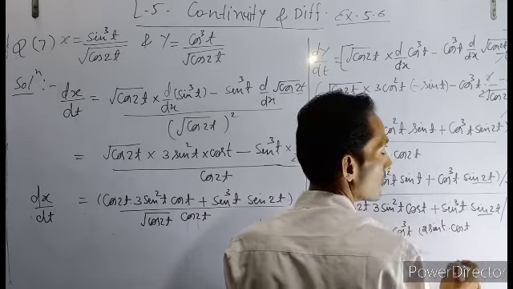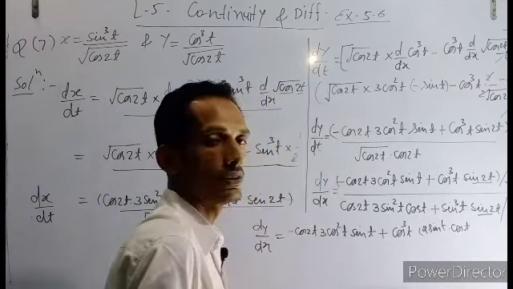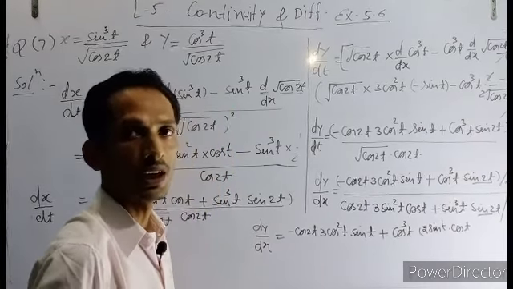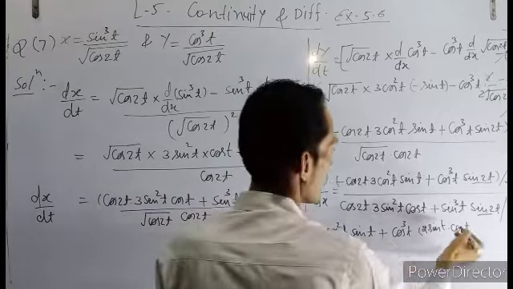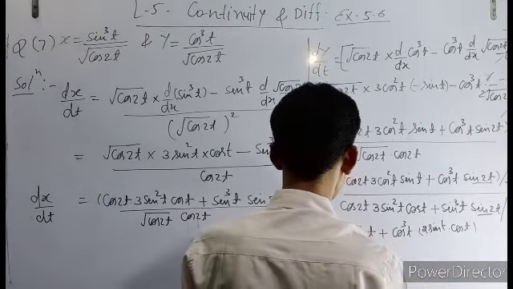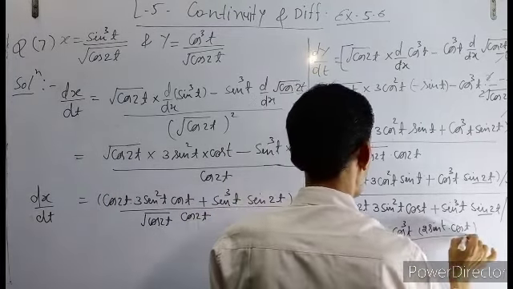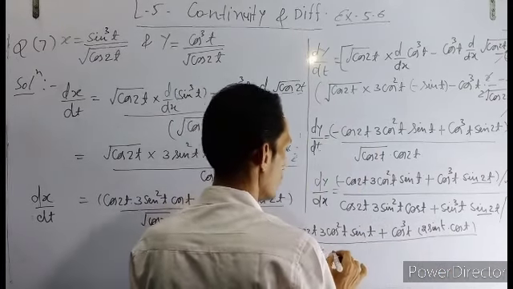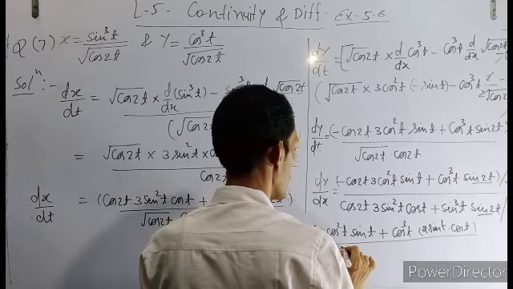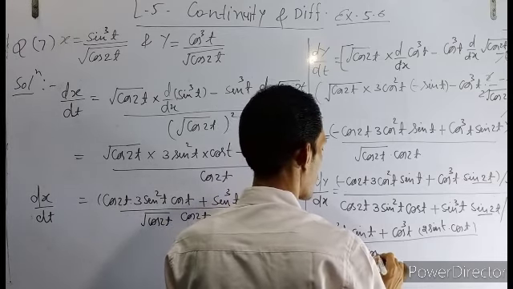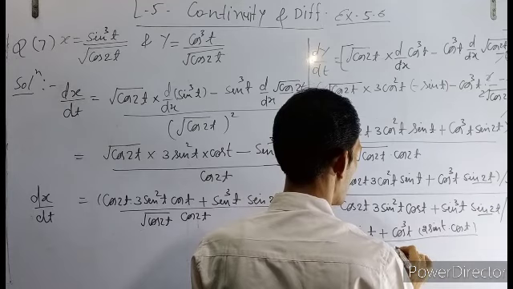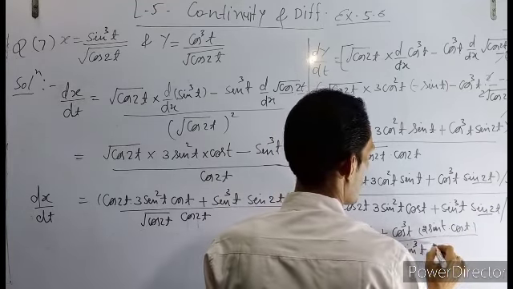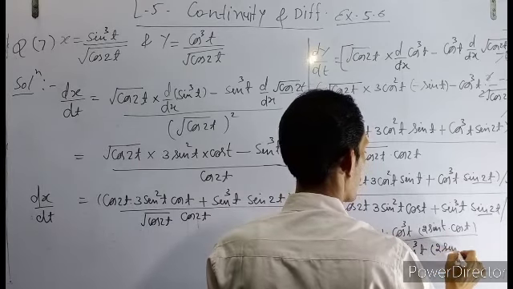You know the trigonometrical identity you have studied in 11th class: sin 2t is 2 sin t into cos t, so we write here 2 sin t into cos t. Similarly in the denominator we write cos 2t into 3 sin square t cos t plus sin cube t. What is the value of sin 2t? 2 sin t into cos t.